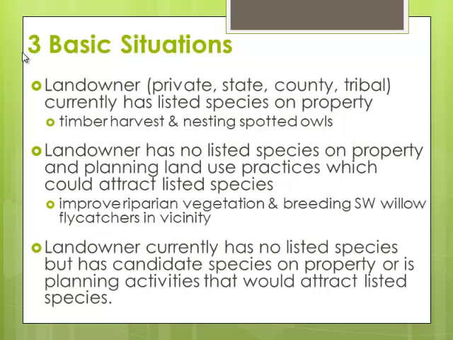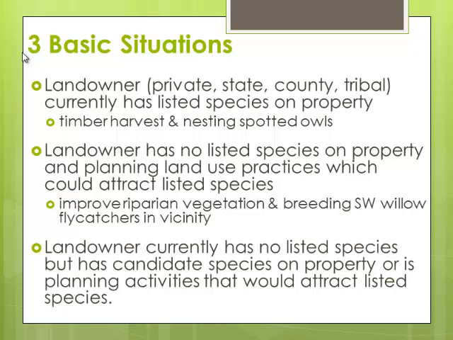So you have three basic situations. You could have a private land scenario where a private landowner has a threatened or endangered species and they know they want to do something that would cause incidental take of that species.